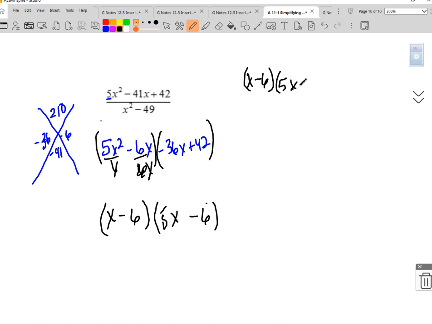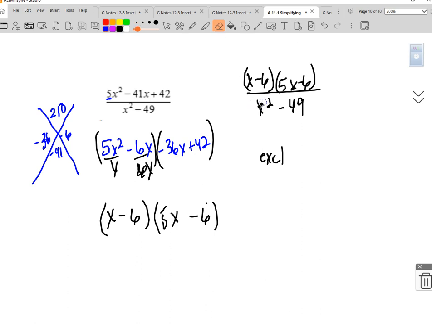all over x squared minus 49. We're going to do our excluded values. I feel like that doesn't look right. I'm going to check it when y'all leave today. This factors into x plus 7 times x minus 7. This is one of those perfect squares.